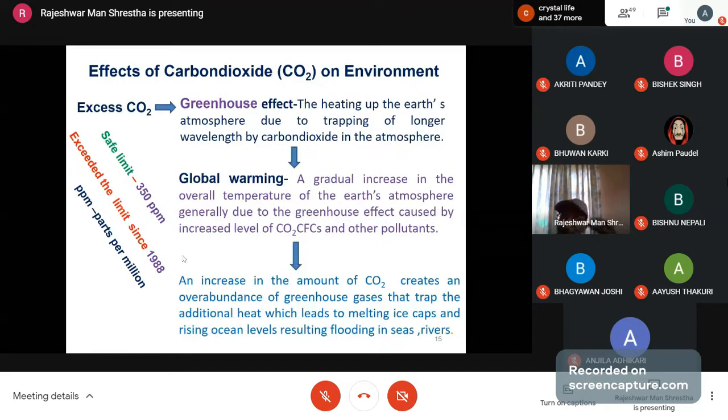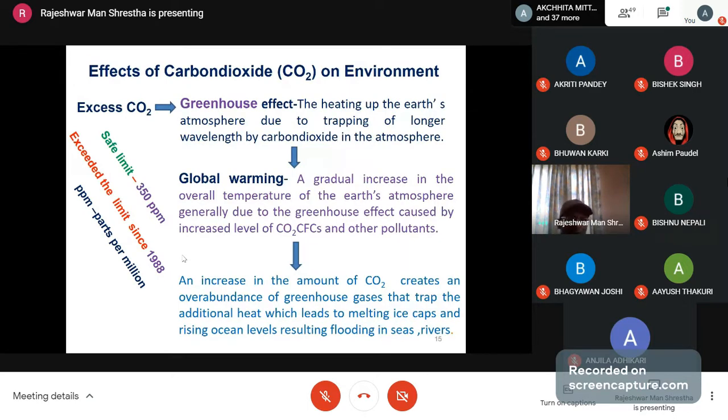And the effect of carbon dioxide on the environment. The safe limit for carbon dioxide is 350 ppm. ppm means parts per million. The safe required amount is only 350 ppm, but that amount has been exceeded since 1988 by human activities.